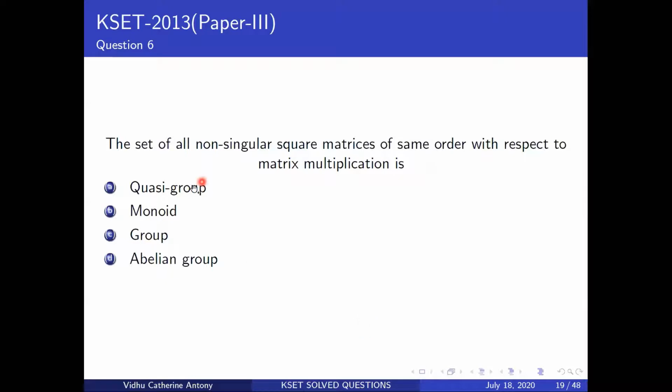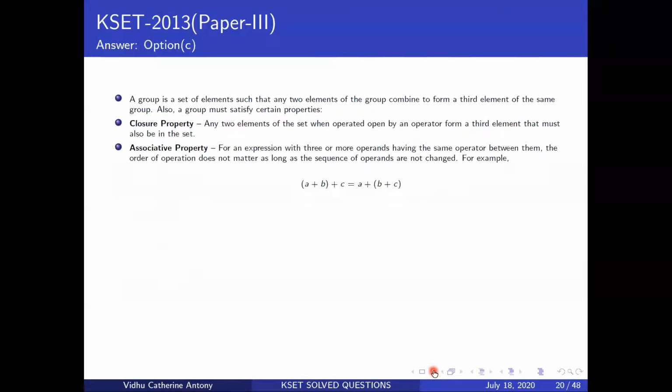But I will discuss what you mean by a quasi group, which is also called your semi group, a monoid and abelian group. So if you look at your abelian group, it's basically all the properties of your group plus your commutative property. Or if you look at your monoid, it's something that is lesser than that. Basically, in a monoid, it's everything that a group is except, let's just check 1 second.